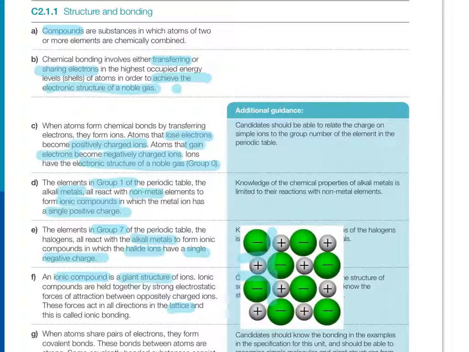So it's held together because of these strong electrostatic forces of attraction. Electrostatic just means between positive and negative, between oppositely charged ions. And that strong electrostatic attraction between the positive and negative ions is our ionic bonding.